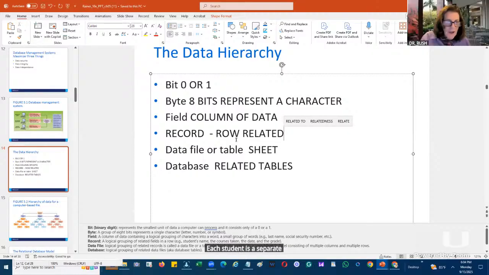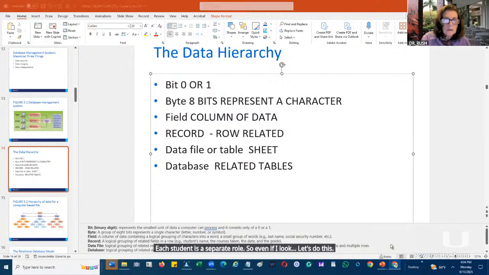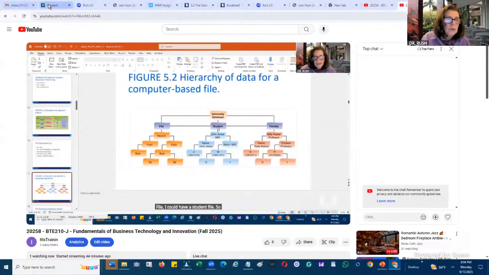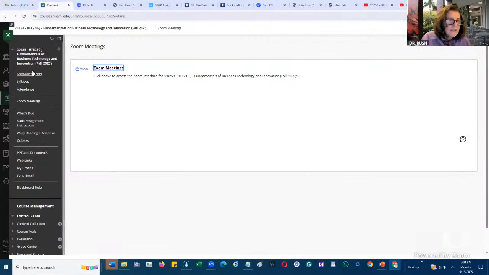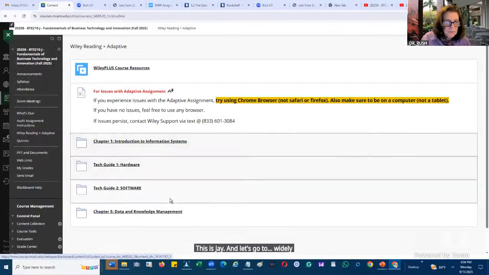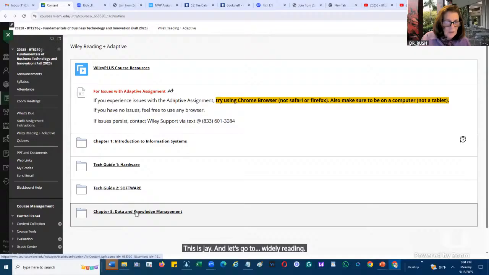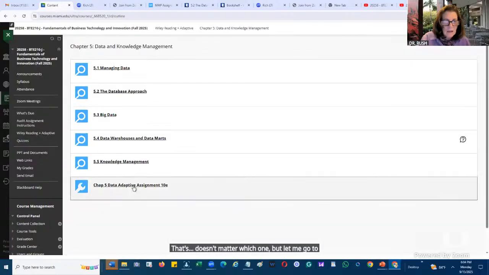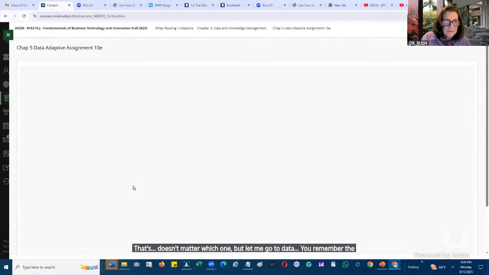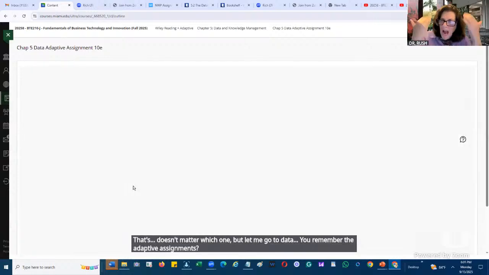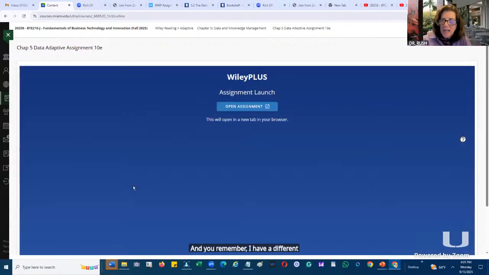So even if I looked, let's do this. This is J, and let's go to Wiley reading. Doesn't matter which one, but let me go to data. You remember the adaptive assignments? I have a different view than you do.